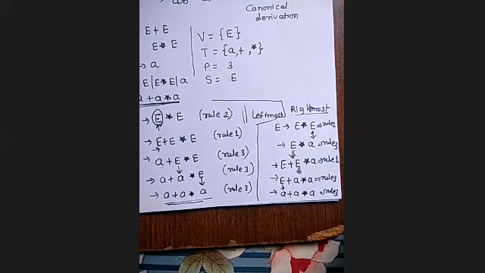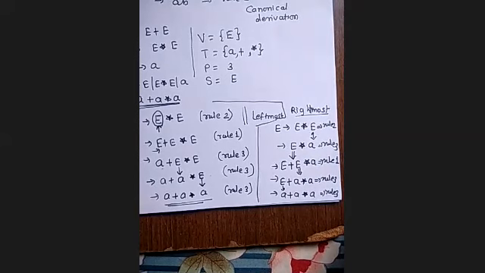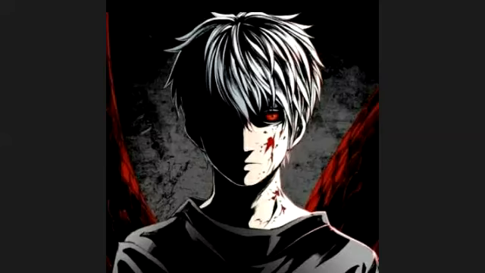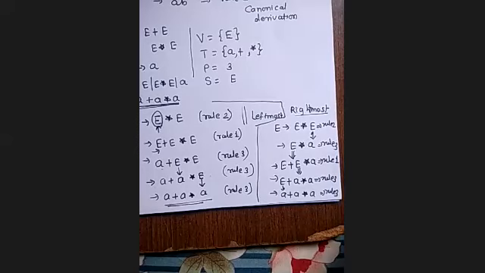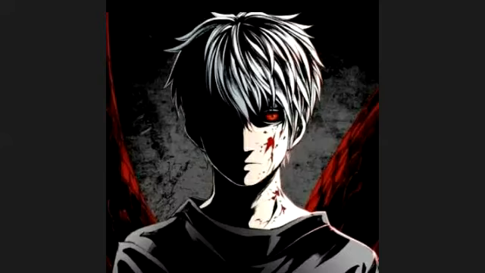Okay, Ketan, what was your query? What he is asking is a good question: can we start with rule 1 in rightmost derivation? You tell me, if you start with rule number 1, can you derive A plus A star A?